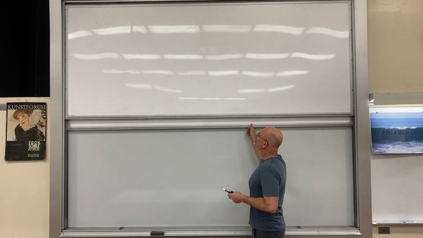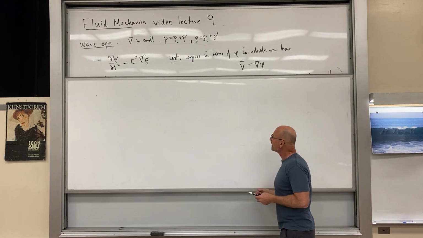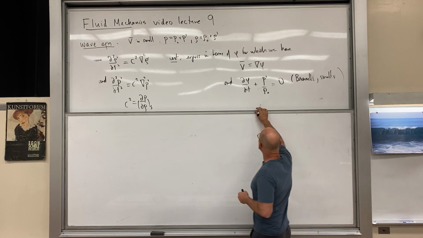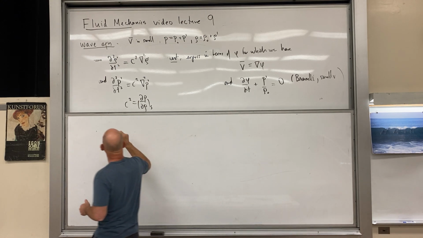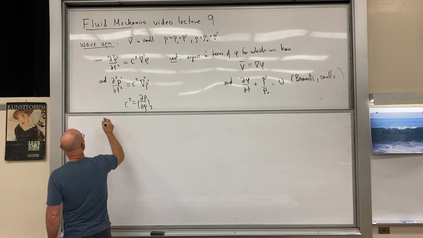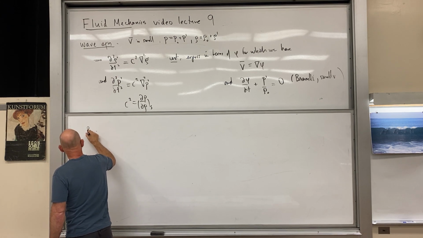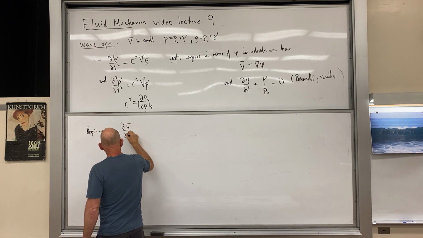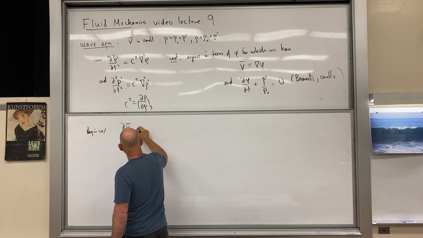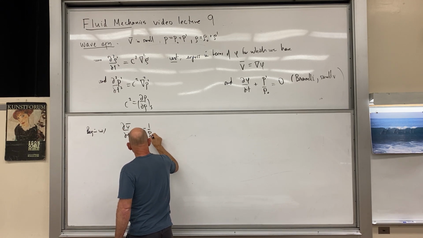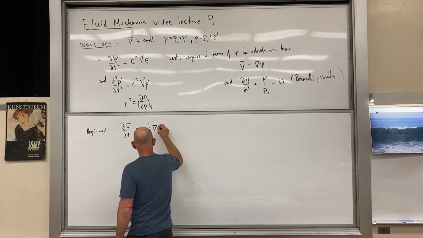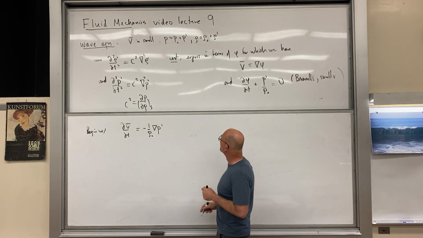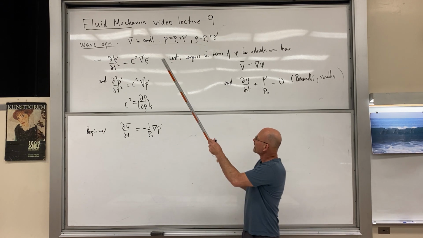So that's our next task. There are a couple of ways to do this, by the way. Let's just see. We're going to begin with dv dt equals minus 1 over rho naught gradient p prime. So again, this is Euler's equation for small velocities, which we're pointing out up there.